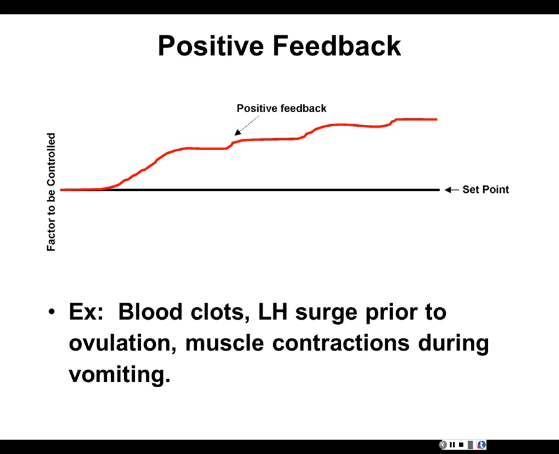Follicle will rupture, egg will be released. So it's a huge spike, positive feedback of luteinizing hormone prior to ovulation. Male ejaculation, another example, positive feedback mechanism. If you've ever vomited, all those muscle contractions, how they continue, those are examples of positive feedback mechanisms.